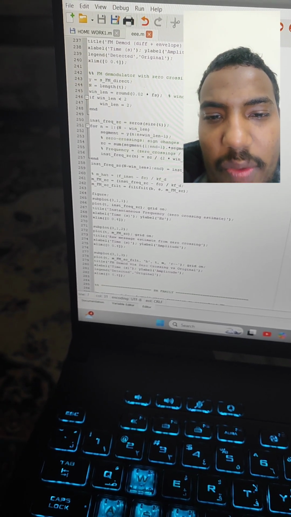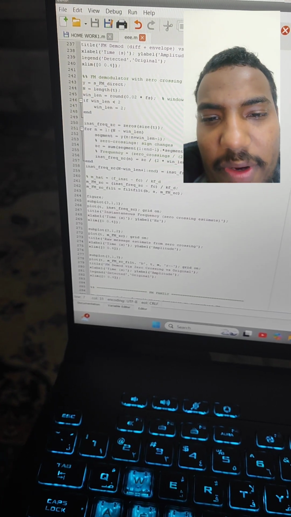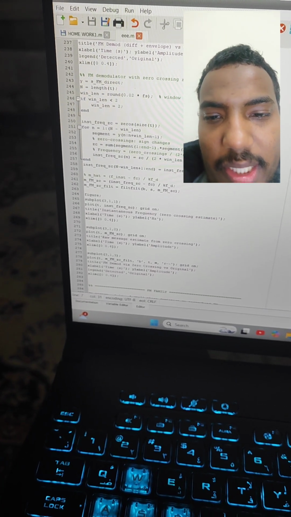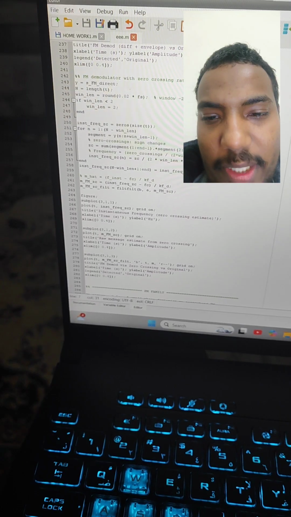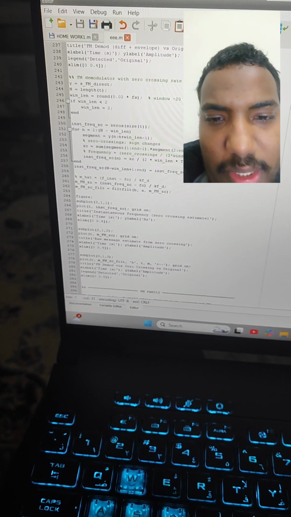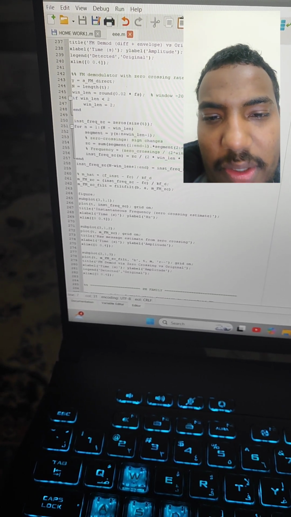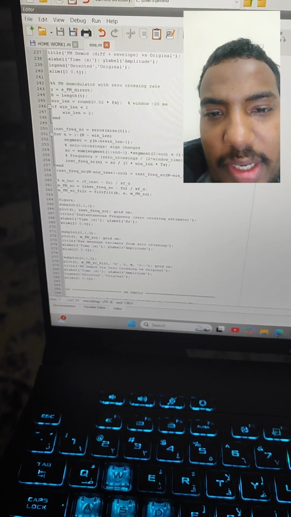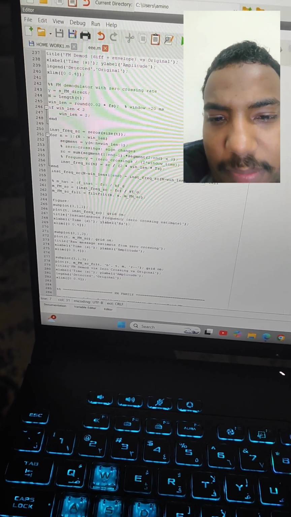Here we design the low pass filter. The cutoff frequency is 15 Hz, slightly above the message frequency of 5 Hz. So we design a fourth order Butterworth low pass filter and get the filter coefficients.